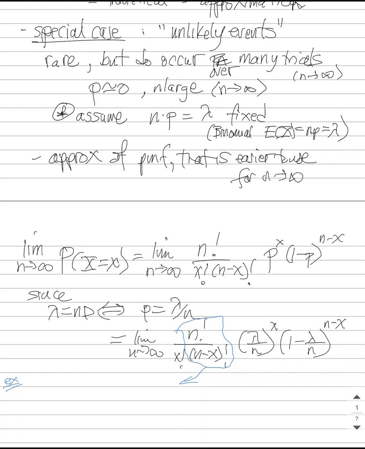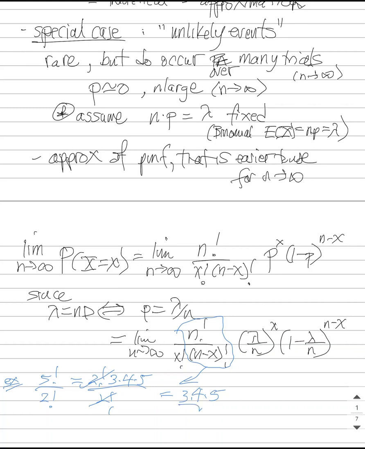So n factorial over n minus x factorial. You should remember that factorials have this nice property where you can write a bigger one in terms of a smaller one. For instance, I could write 5 factorial over 2 factorial as 2 factorial times 3 times 4 times 5 over 2 factorial. The 2 factorial goes away, and I get 3 times 4 times 5.